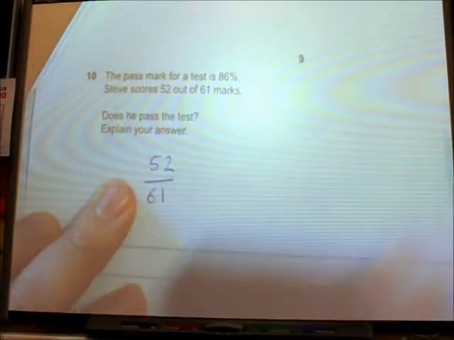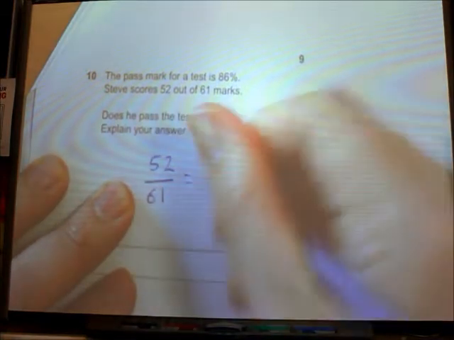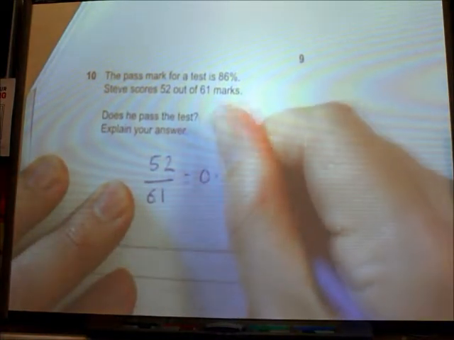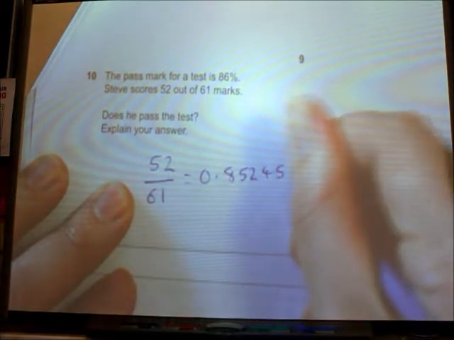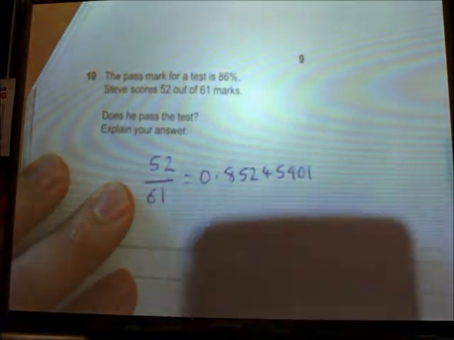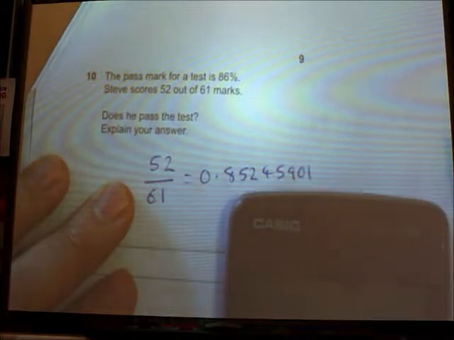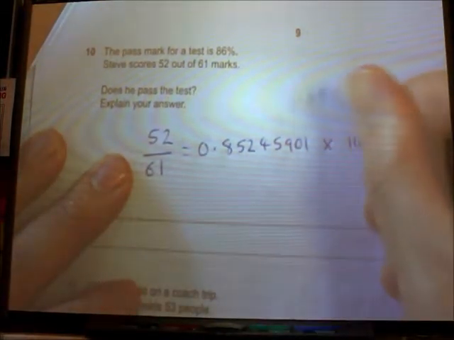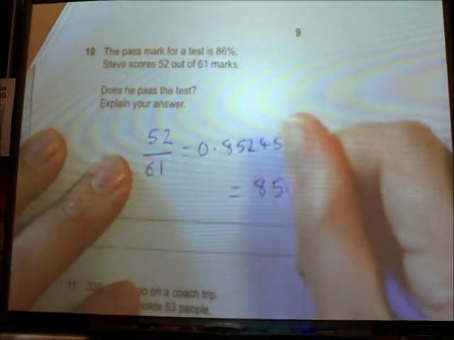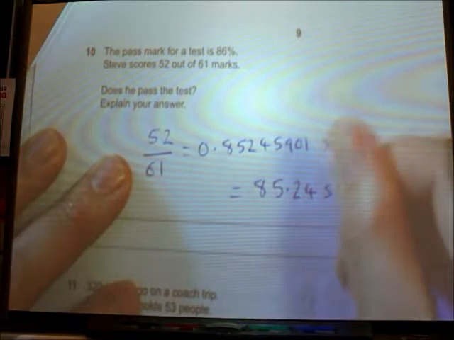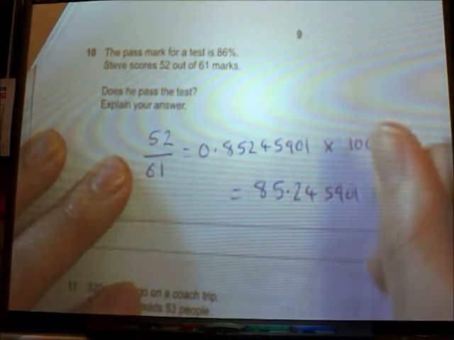So let's write that number out. 0.85245901. You could keep going if you want, but for what I want, that's enough. To convert that to a percentage, you multiply it by 100, so that will give you 85.245901, and so on percent.